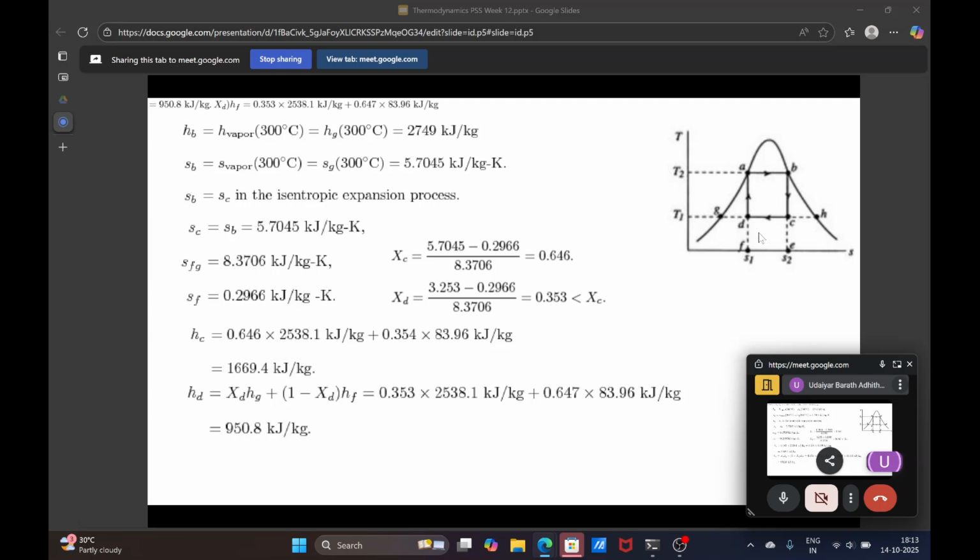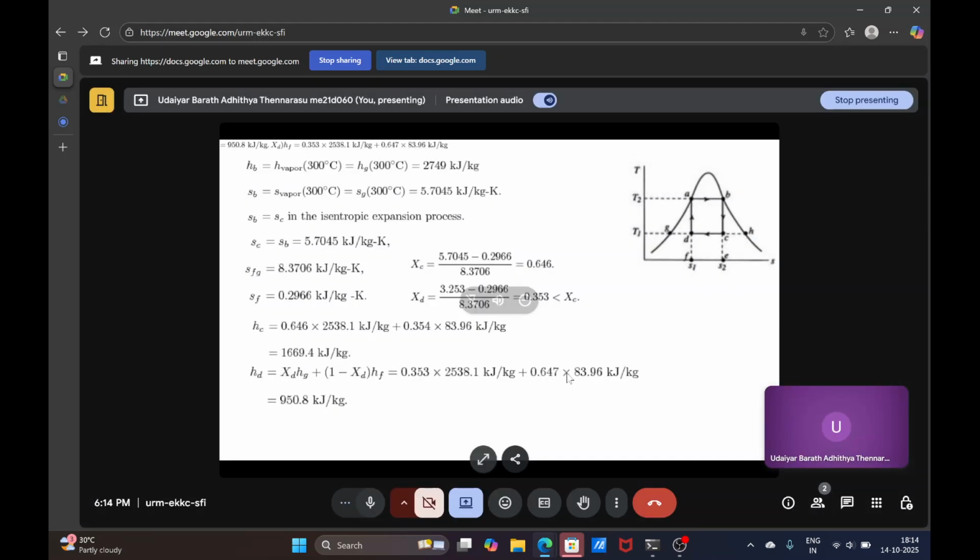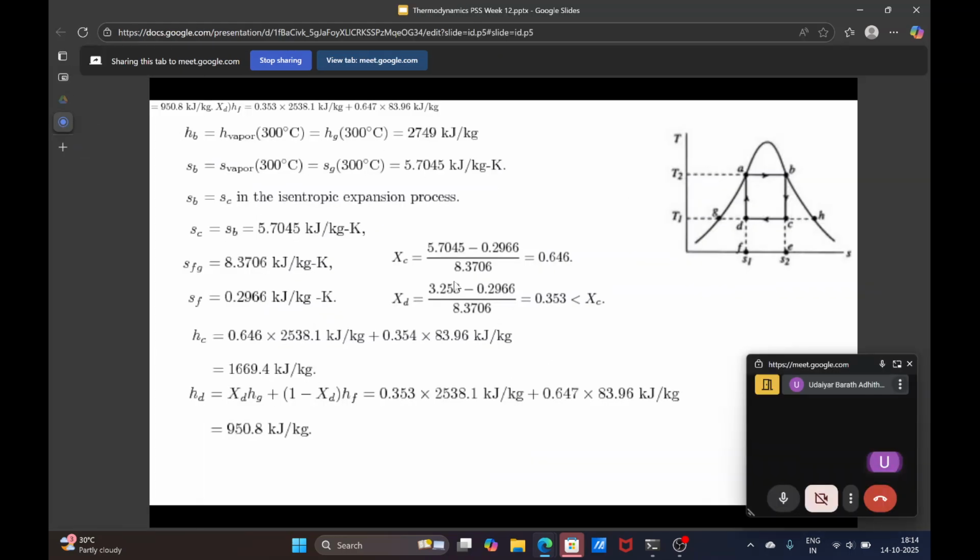Even though the net work is, suppose, 1 kilowatt, you will be using very large turbines and heat exchangers to generate 1 kilowatt of work. So even in building a Carnot cycle, it will be a huge task in terms of capital. So this is the Carnot cycle which we saw.